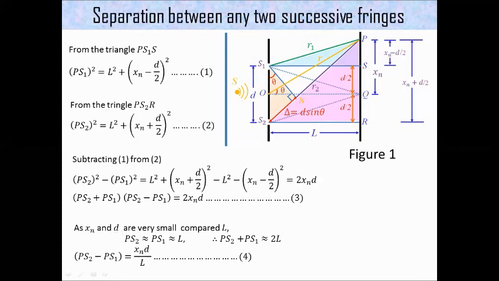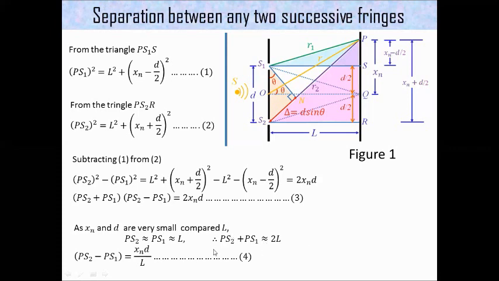That is, the point P is very near to Q. Then one can write PS2 approximately equal to PS1 approximately equal to L. Therefore, PS2 plus PS1 will be equal to 2L.